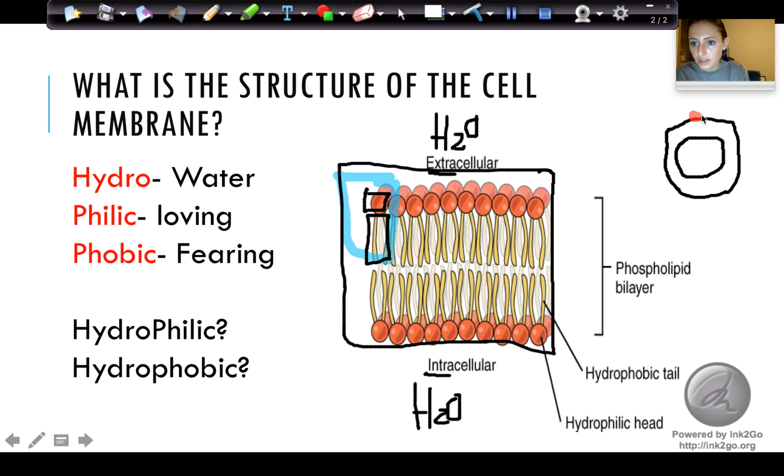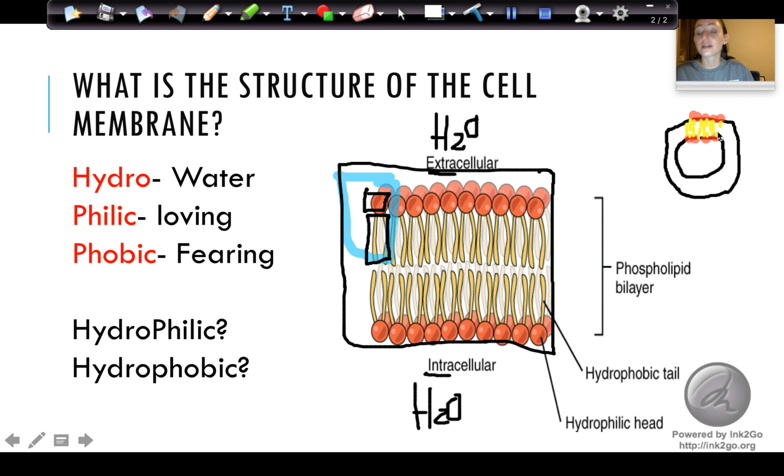I have my phosphate heads here. I have one here, I have one here and here and so on. I have one here, here, here, here. So those are my phosphate heads, which you see here also in red. Then I'll go ahead and draw the tails for you to see. I'm going to try to put them in the same color. So each phosphate head has also two tails attached to it. Now, sorry, my drawing's a little bad here, but you get the point.